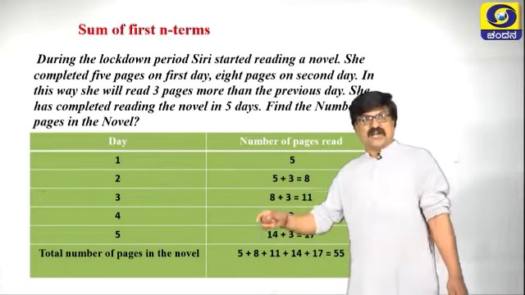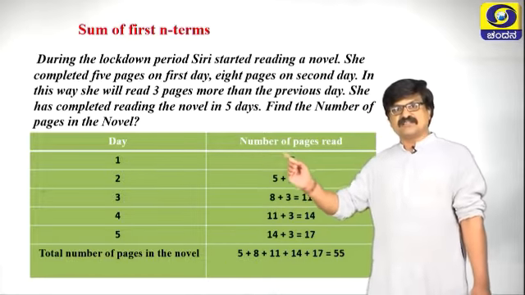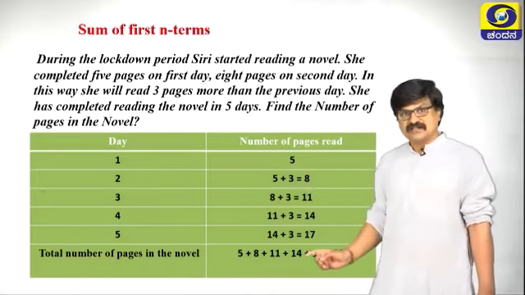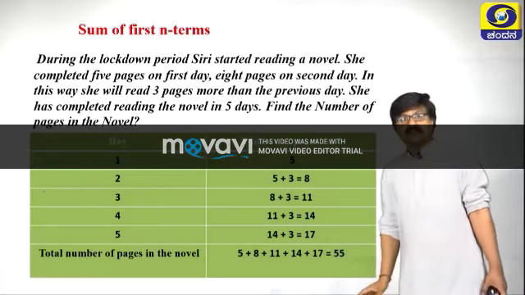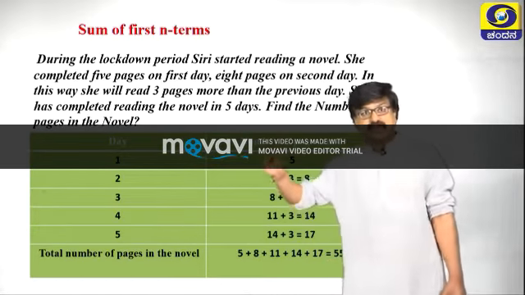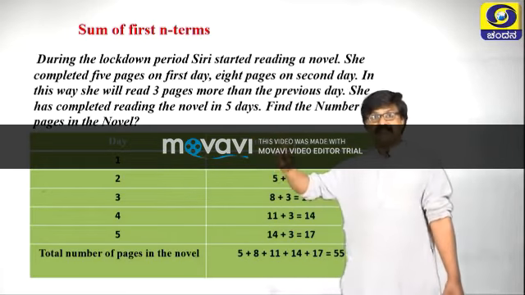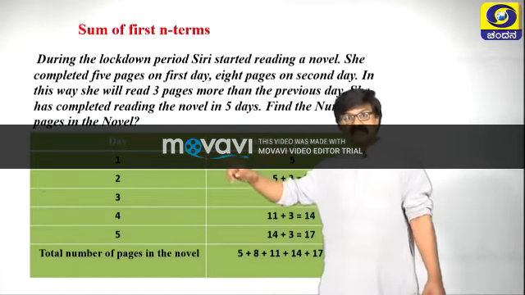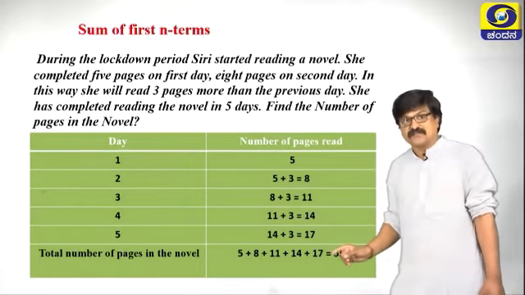So, if you want to find the total number of pages in the novel, add these numbers, that is 5 plus 8 plus 11, and finally we are getting what? 55. So, here she is reading only 5 days, hence by taking the number of pages read each day and adding, finally we are getting 55.